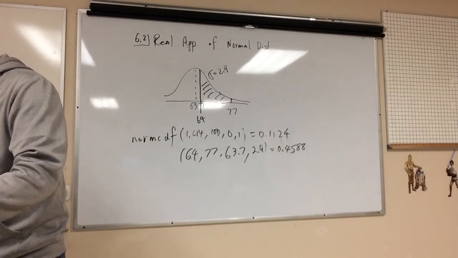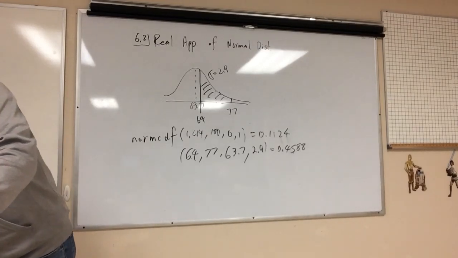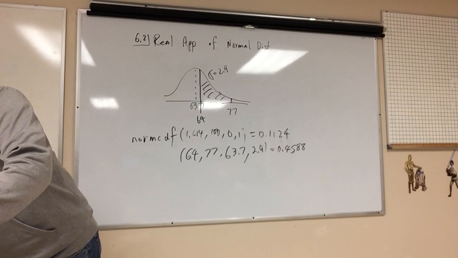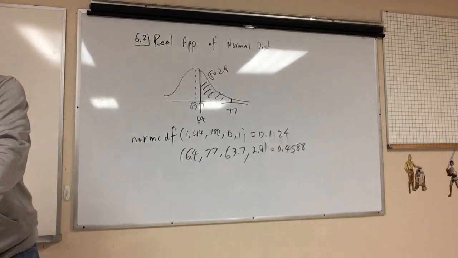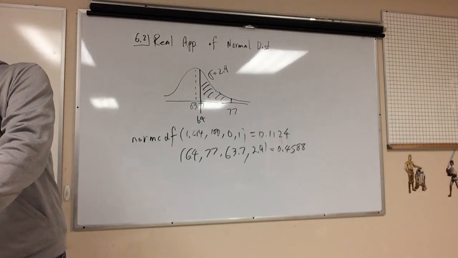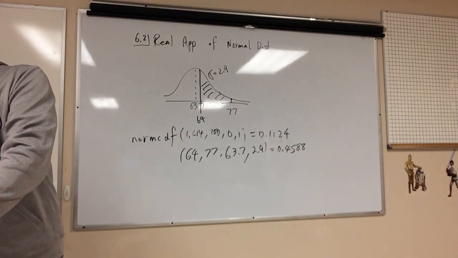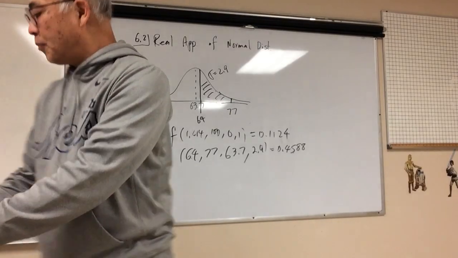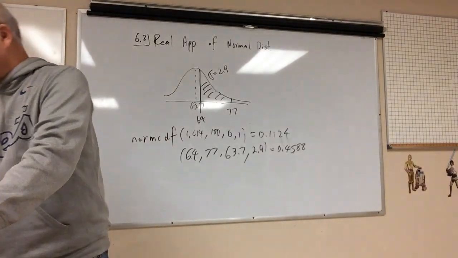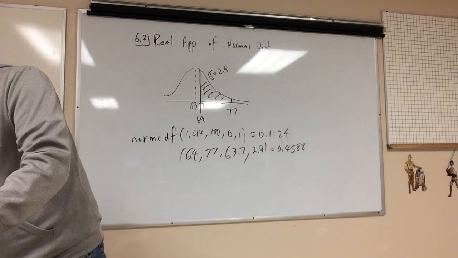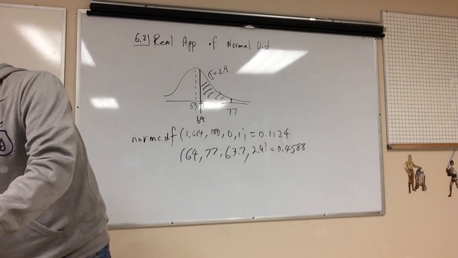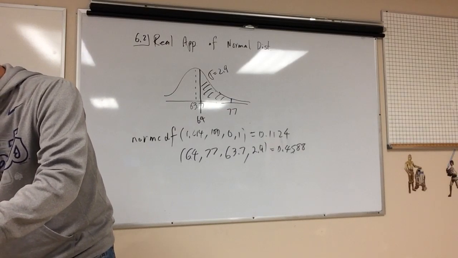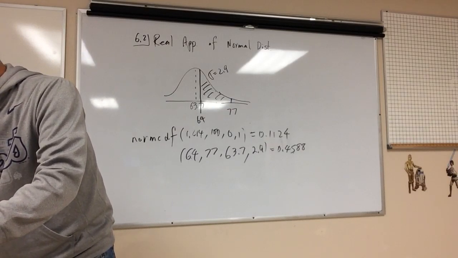We're trying to read off 0.95. Where do I read 0.95 off of? 1.645. Everybody see that? In the positive part, it's 1.645. The book reads 1.645, which is good. So we're good there.